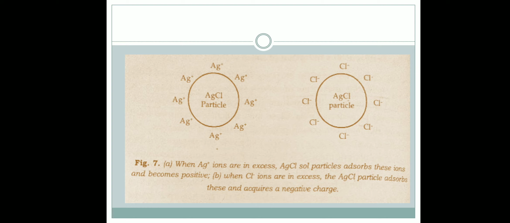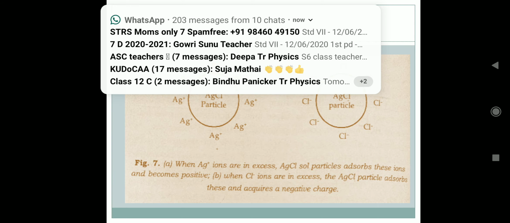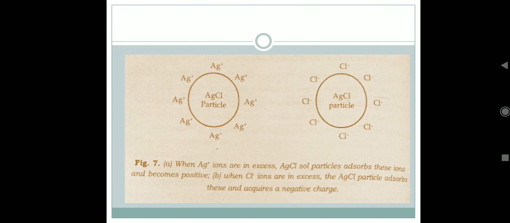For example, in silver chloride sol produced by the addition of silver nitrate solution to sodium chloride solution, the particles bear a positive charge when Ag+ ions, that is silver ions, are in excess. On the other hand, when chloride ions are in excess, the silver chloride sol particles acquire the negative charge, which is shown in the figure.